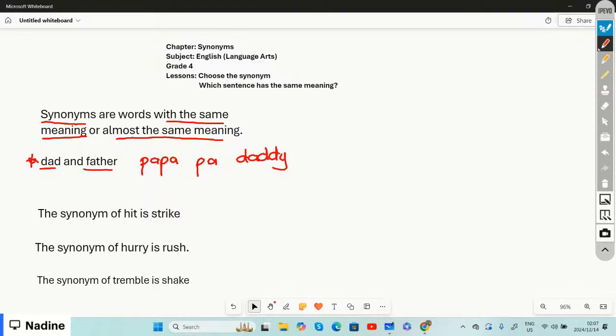So, different words, but the same meaning or almost the same meaning.